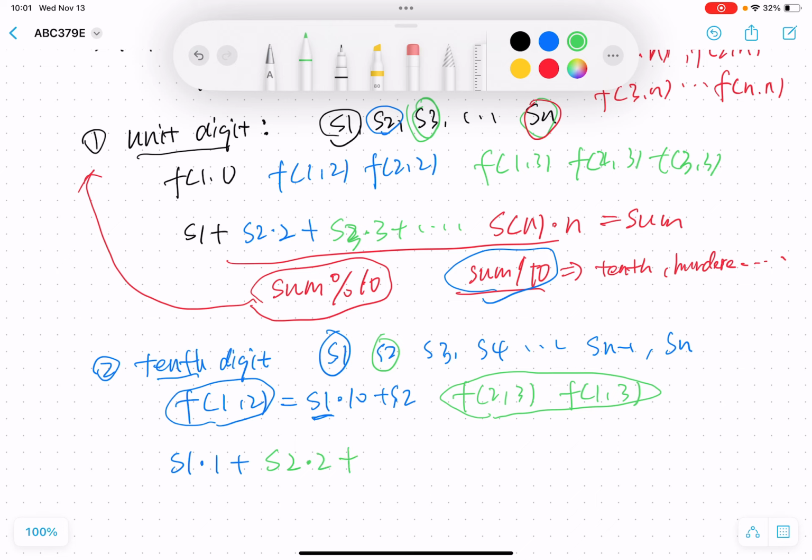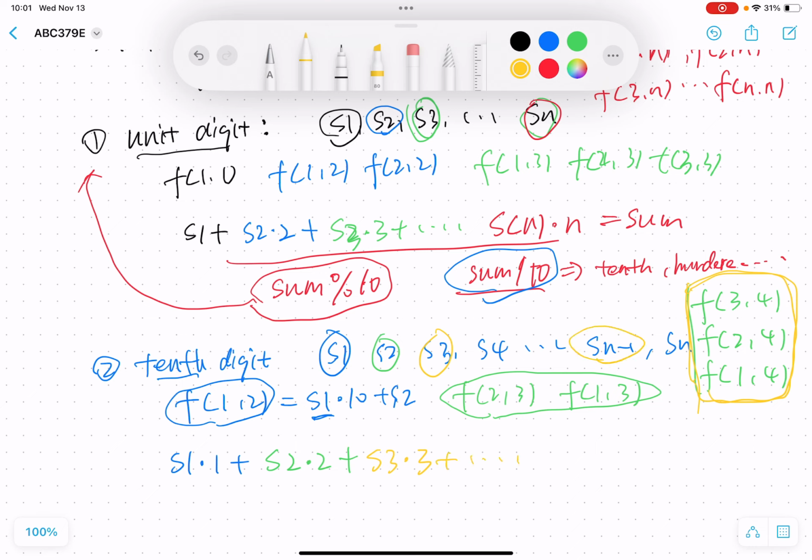For S3, we will know f(3, 4), f(2, 4), f(1, 4). We need to use it. We use S3 3 times. So we will know we need to add S3 multiply 3 because we use it 3 times. So we continue till Sn.